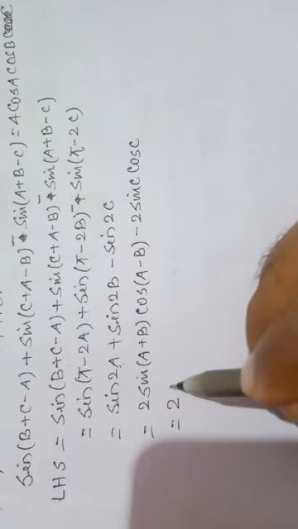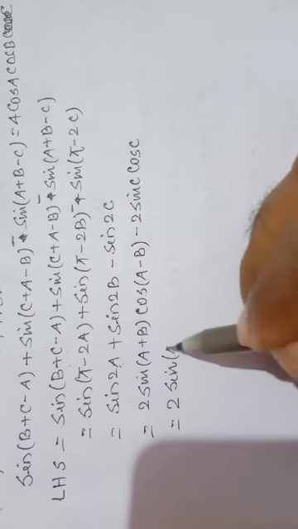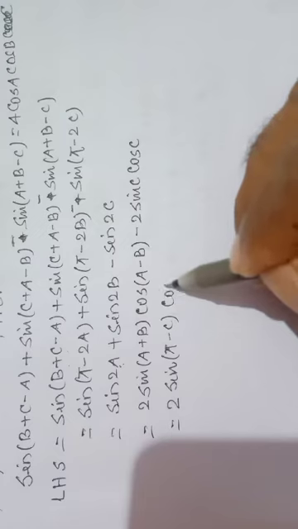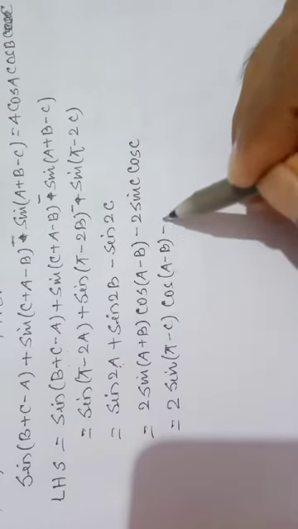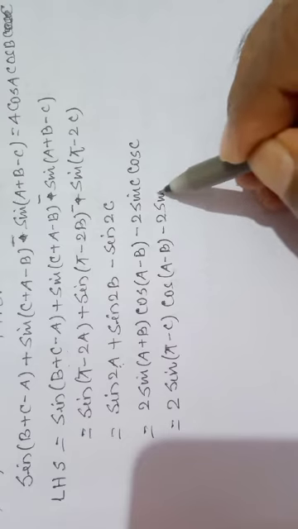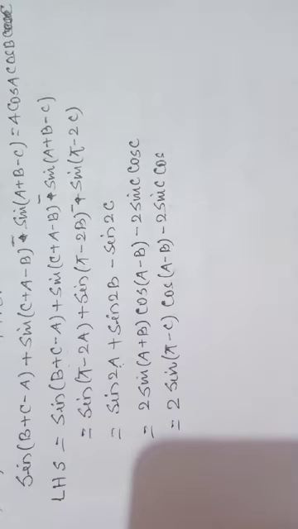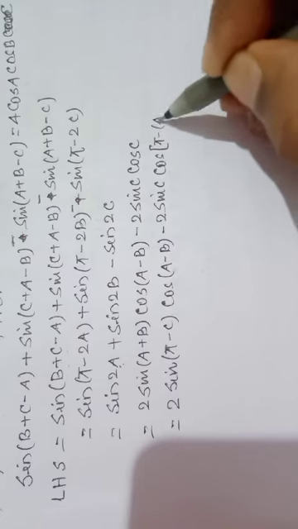Convert sin(A plus B) as sin(pi minus C). Use the condition: cos(A minus B) minus, 2 sin C remains the same. Cos C should be written as cos(pi minus (A plus B)).